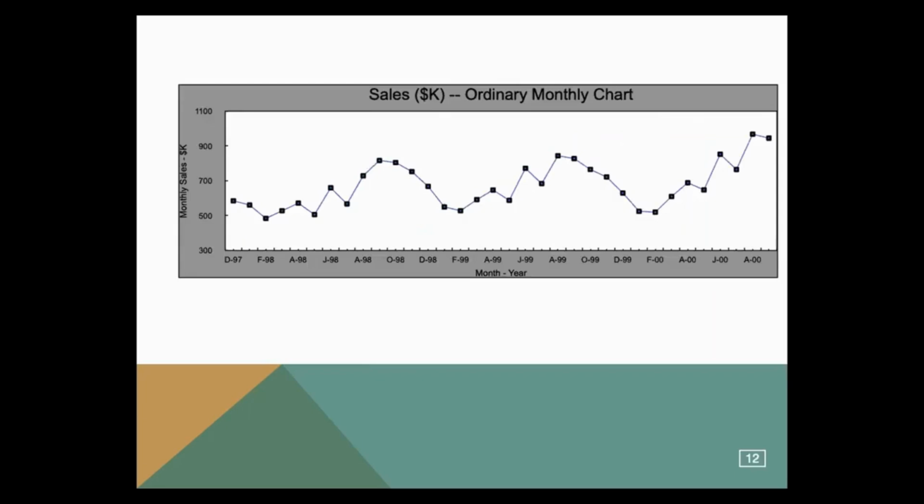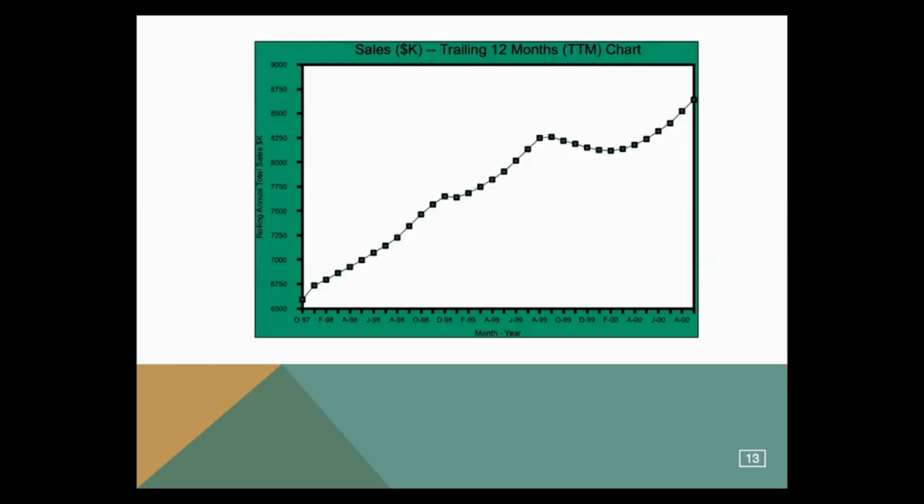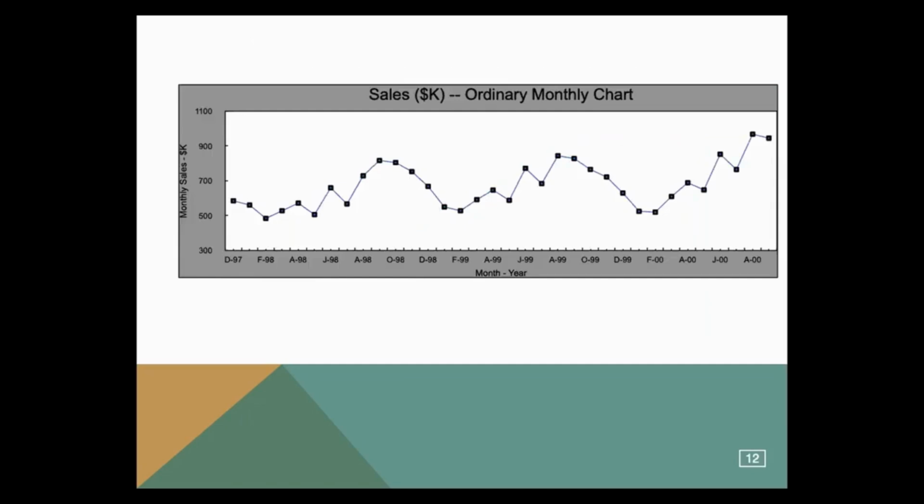The difference is on this chart, the traditional chart, every data point represents 1 month of revenue. Every little blue box represents 1 month of revenue. On the bottom chart, every green box represents not 1 month of revenue, but 12 months of revenue. That's why we call it a trailing 12-month chart. What's the difference between these two charts?